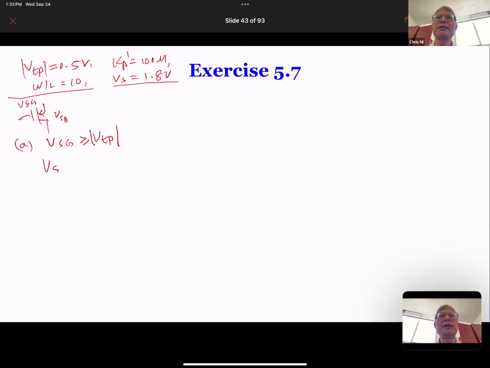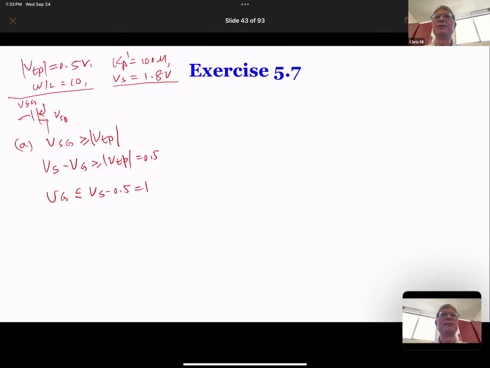And we know that VSG is equal to Vs minus Vg, larger than VTP, which is 0.5. So from this equation, we move Vg to the other side and keep Vs on this side. So Vg has to be less than or equal to Vs minus 0.5. That gives you 1.3 volts, for it to conduct.